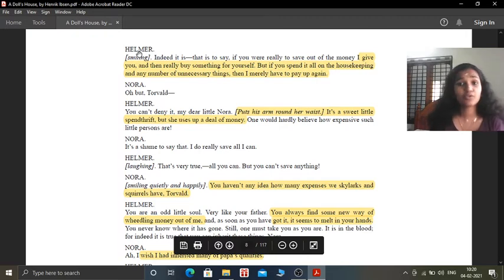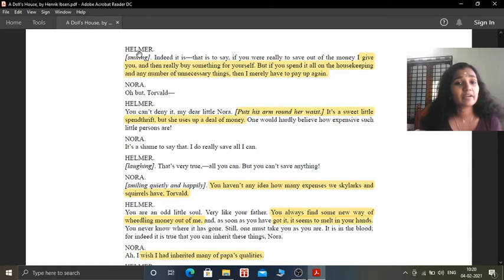That is to say, if you will really save out of the money I give you and then really buy something for yourself, but if you spend it all on housekeeping and a number of unnecessary things, then I merely have to pay up again.